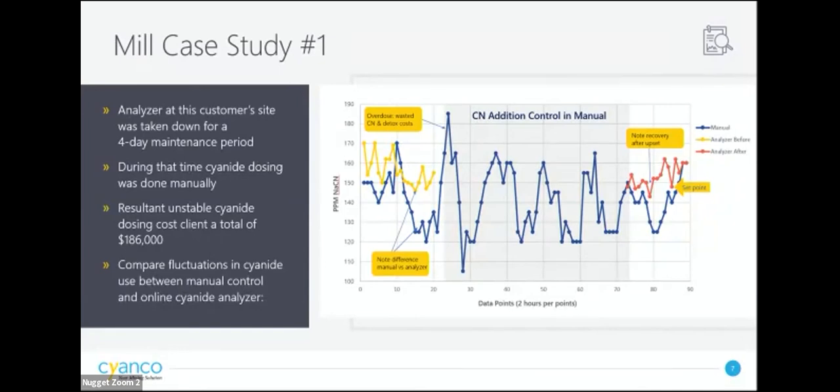The client lost something like $186,000 between increased cyanide consumption and detox cost. The other part of it was the loss in gold recovery. This is evident through the major fluctuation you see in the middle of the graph, the cyanide control in this chart below.